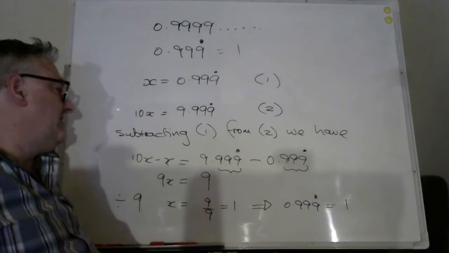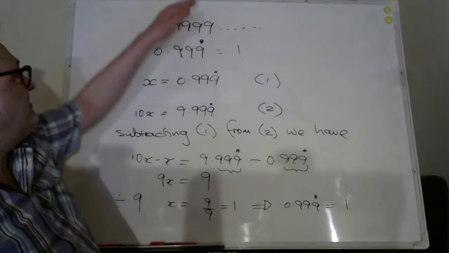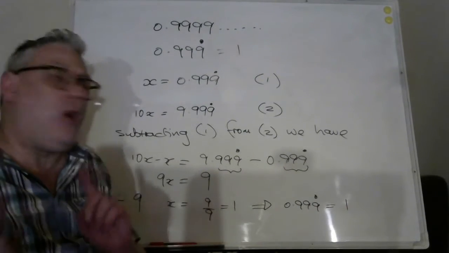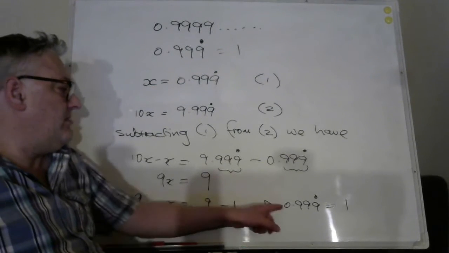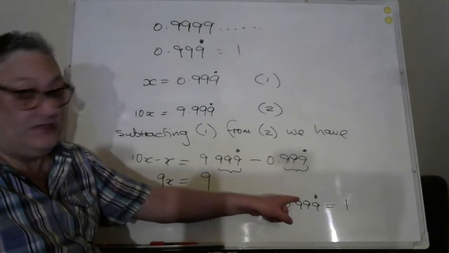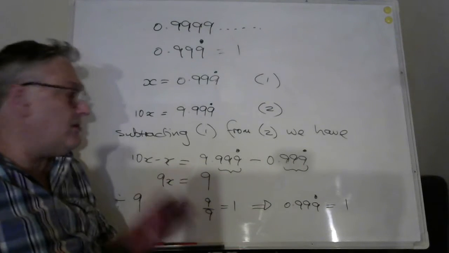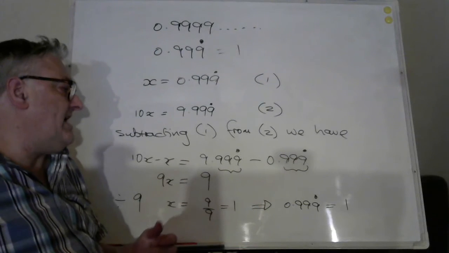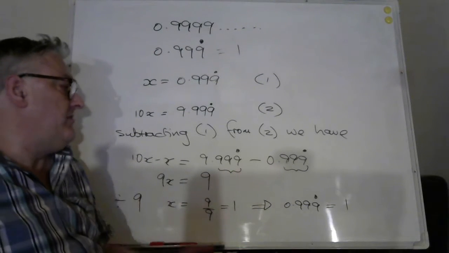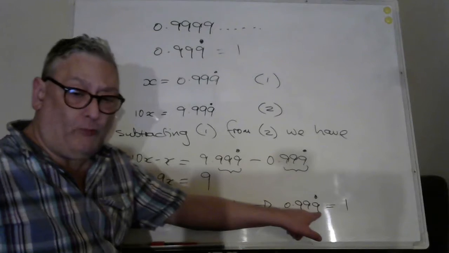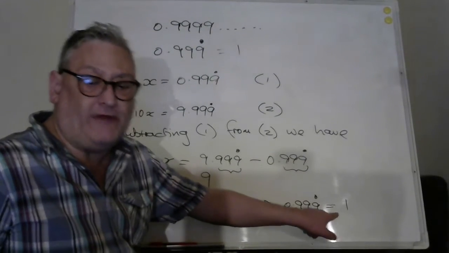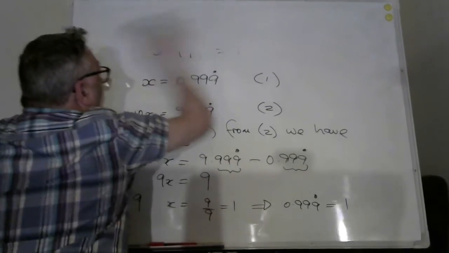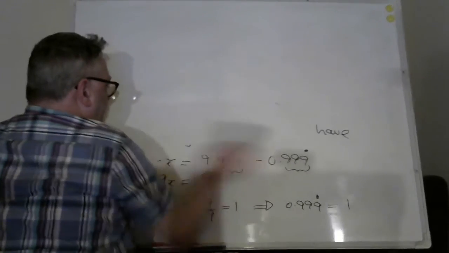So that is the proof that 0.999 recurring is actually equal to 1. And what we say is that basically this is a convergent sequence, and mathematically the correct way of describing this is to say that 1 is the limit of 0.999 recurring. And we can even go further with other fractions.